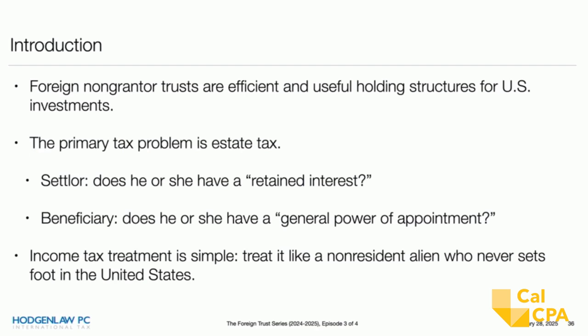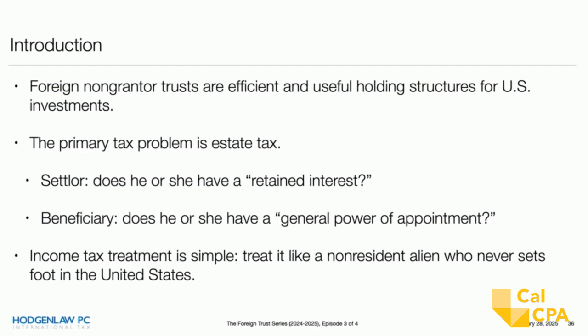So the primary problem here is not income tax, but estate tax. And estate tax comes from what's called a retained interest. This is sections 2036 through 2038 of the code, where a decedent, a human being who has died, owned at the time of death a retained interest in the trust estates. In English, think of it like this.